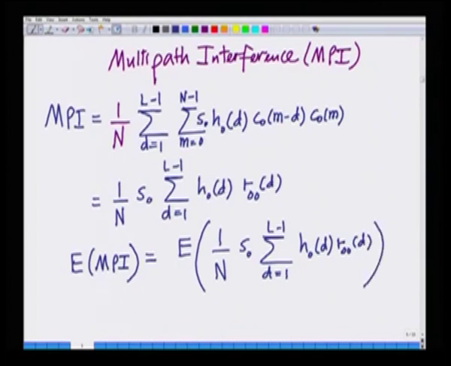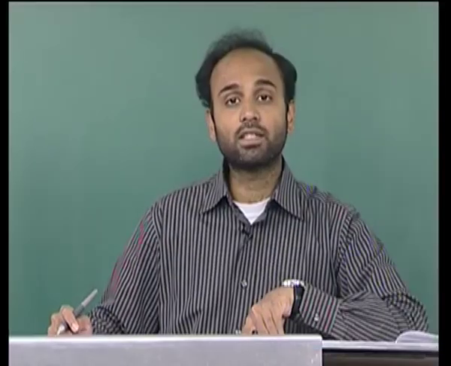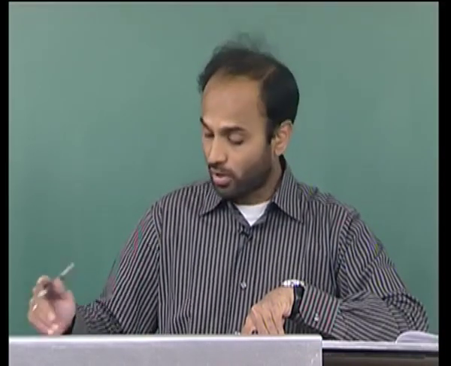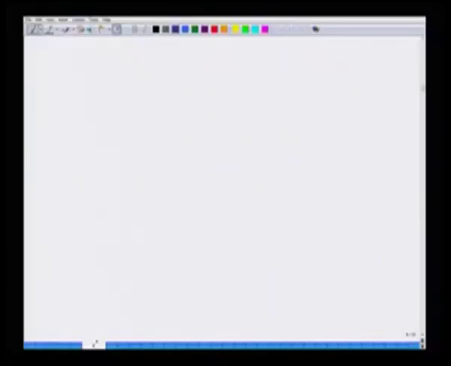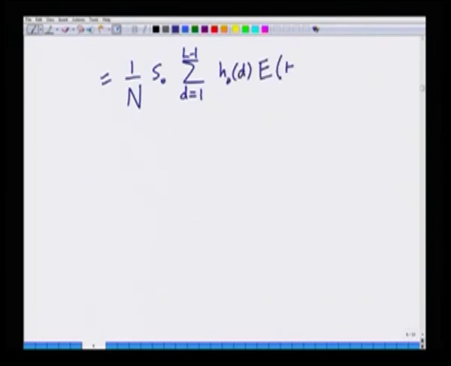Now, I can take the expectation operator inside and write it as the sum of the expectations of each of the individual terms, and that is simply nothing but 1 over n S0 summation d equals 1 to L minus 1 H0 of d into expected R00 of d.